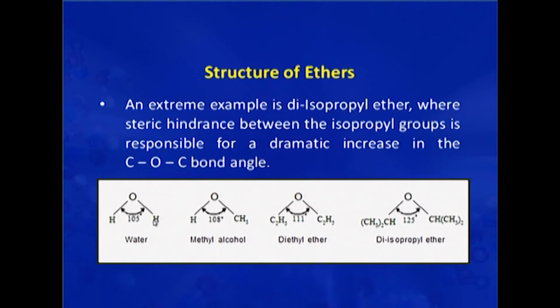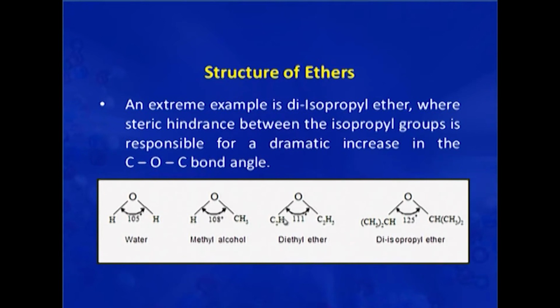The size of hydrogen is small and the repulsion due to the lone pairs is much more, which results in a decrease in the bond angle H, O, H. Now, when we go to an alcohol, you can see that the methyl group is larger in size as compared to hydrogen, because of which there will be some van der Waals interaction there, and that is why, even though repulsion is there because of the lone pairs of electrons, the bond angle goes quite close to the normal tetrahedral angle of 109.5.